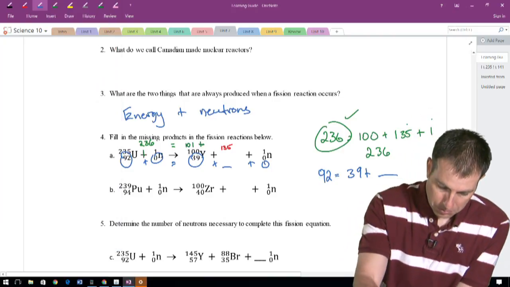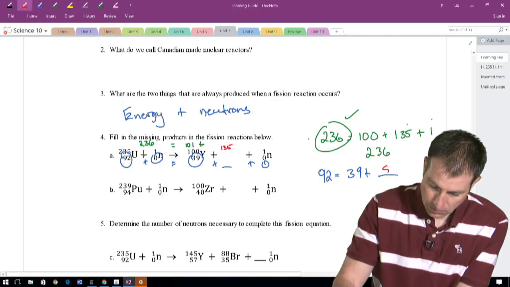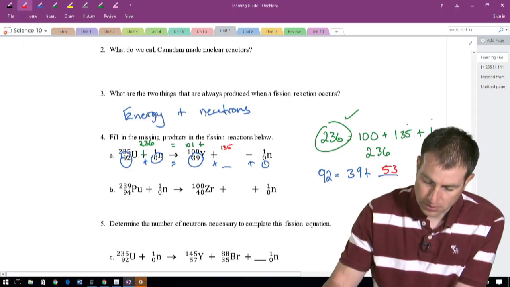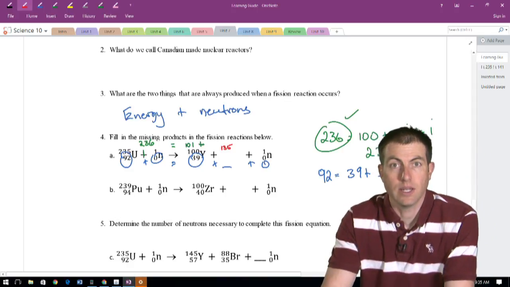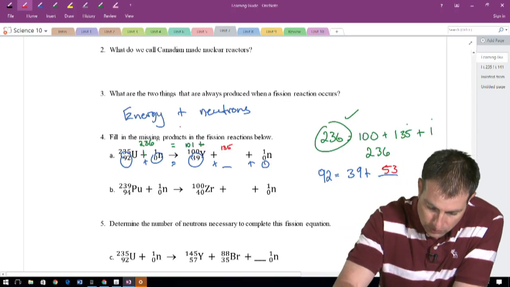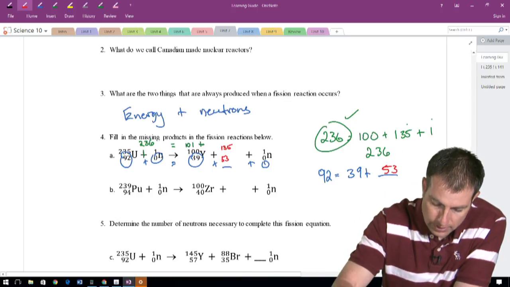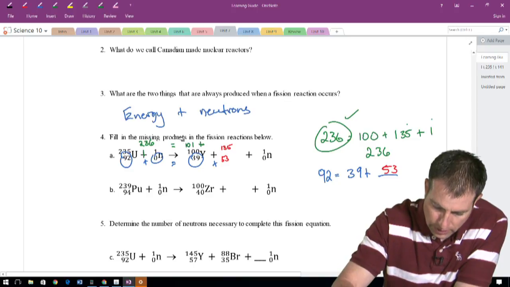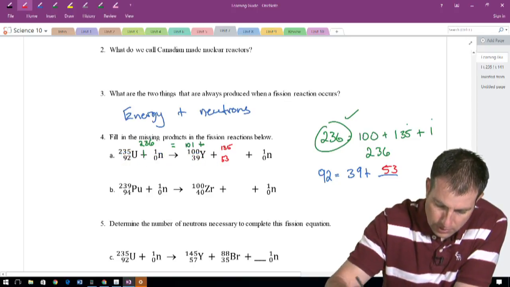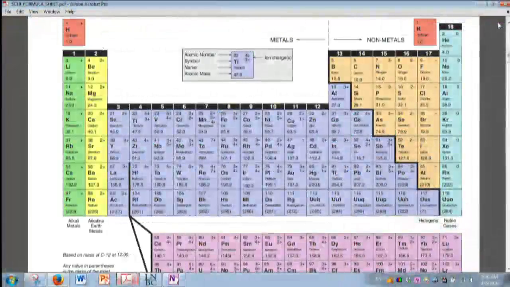So the missing blank here is going to be 53. 53 plus 39 gives us 92. So I put in my 53, and I can look to the bottom number to figure out what element I'm dealing with here. Element number 53 on the periodic table, 53, 53, 53. Is that iodine? That is iodine.